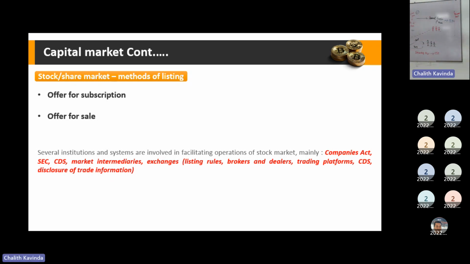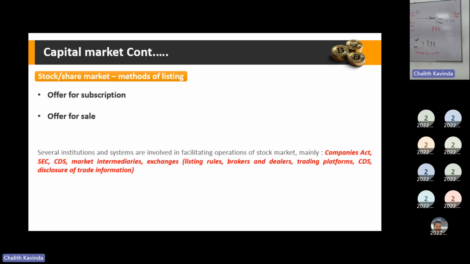And what are the costs involved? Not the taxes, what are the costs involved? If you purchase or sell shares, what are the costs involved? You have to pay some amount, brokerage fees there. Okay, fine.